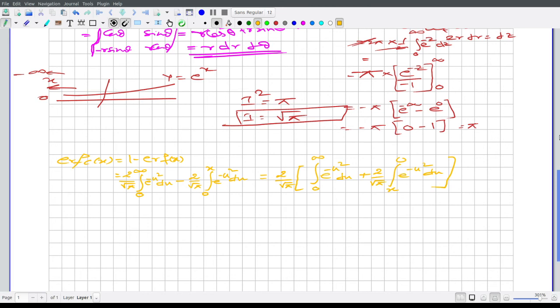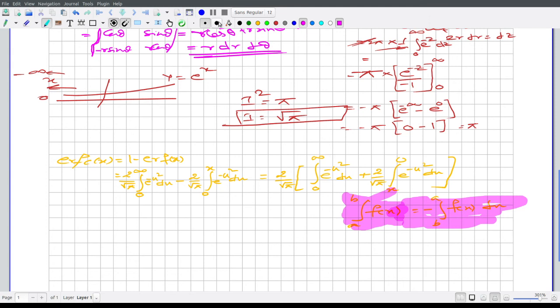Actually there is a very simple formula, an integral property: the integral from a to b equals minus the integral from b to a of f x dx. This is the simple property that we are using.